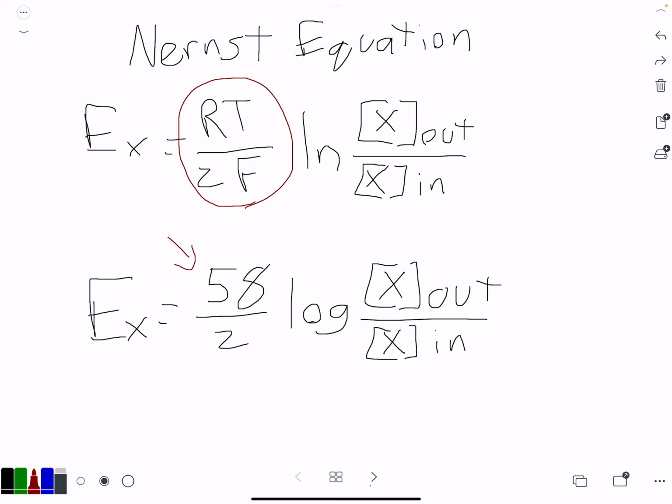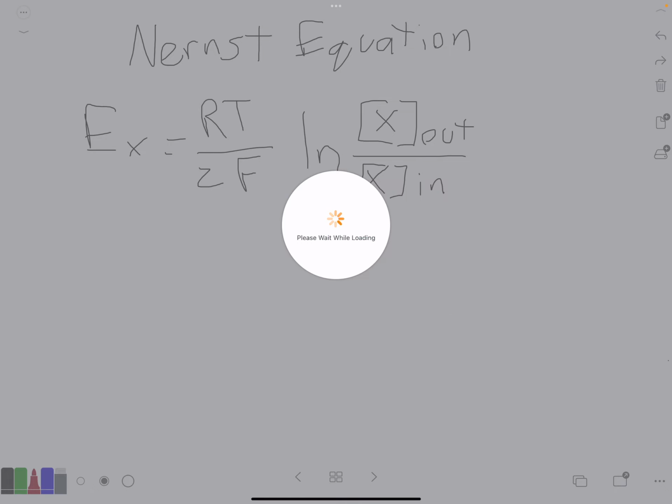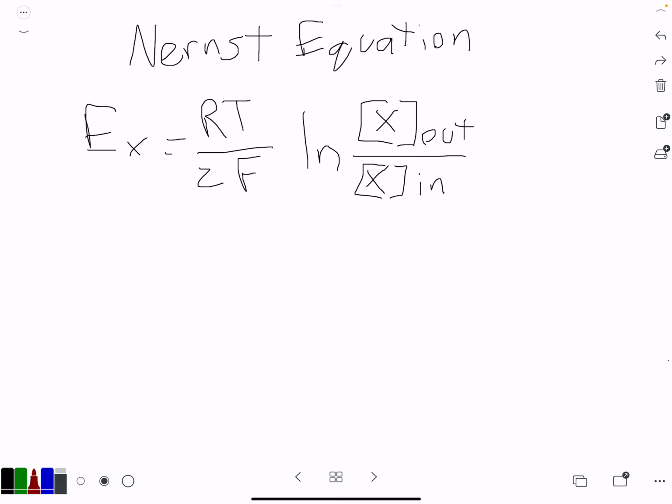So let me show you mathematically how we get from what's in the circle here to our 58. Here's our original equation. I'm just going to work on this section right here, right now.